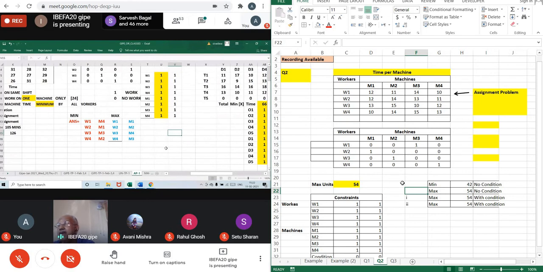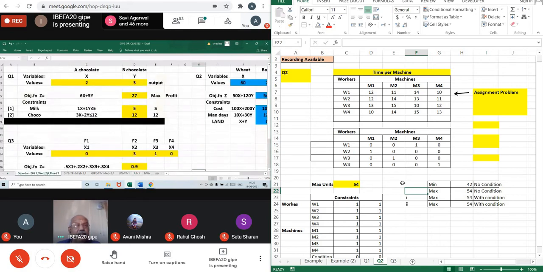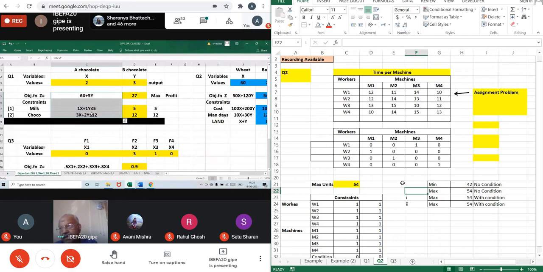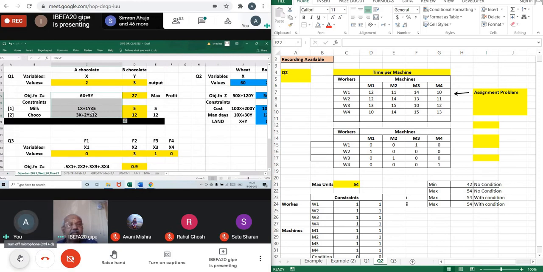For example, in LPP, see, these are linear functions, and they are in decision variables.